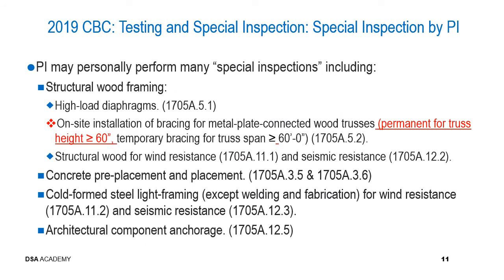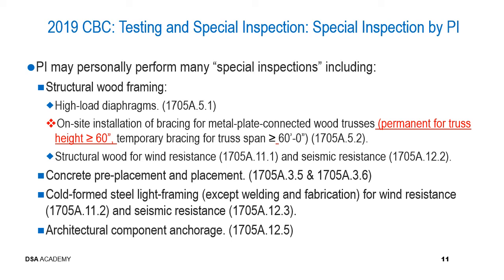As I mentioned before, there are some cases when the project inspector may be the one doing the special inspection. So they can personally perform many special inspections, including the following items. Structural wood framing, such as high load diaphragms, that's going to be per 1705A.5.1. Also, on-site installation of bracing for metal plate connected wood trusses.